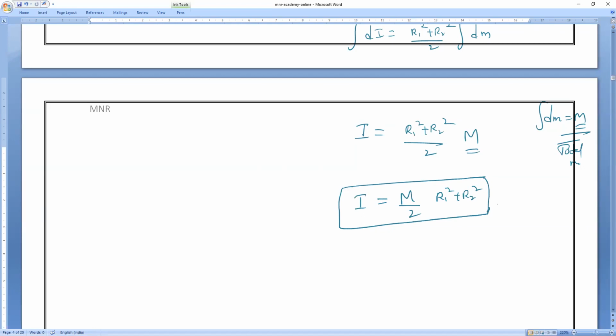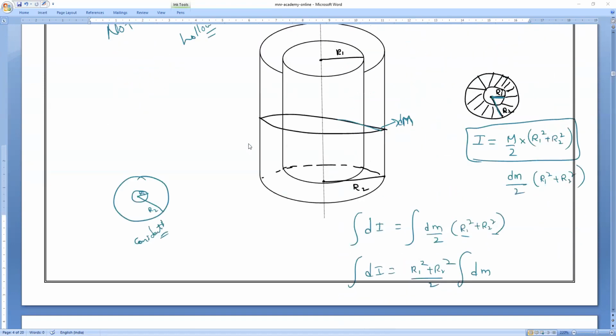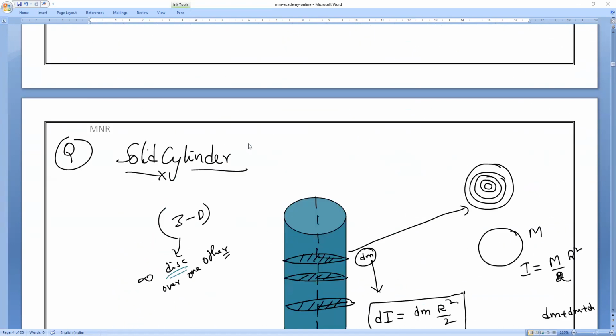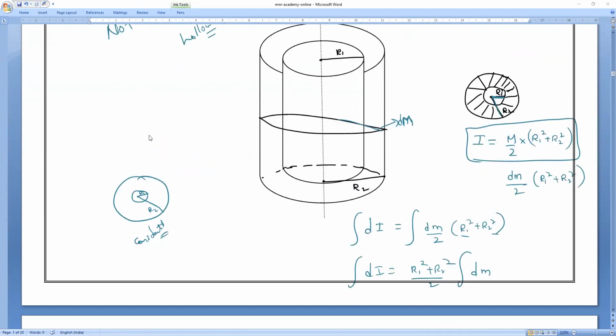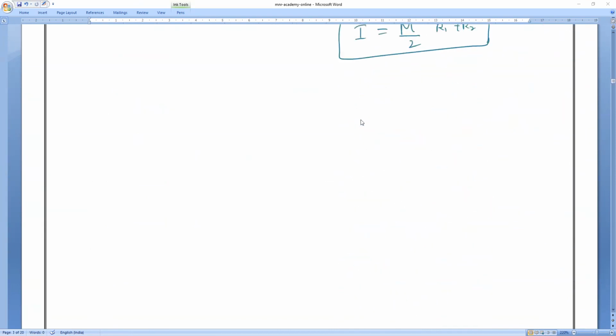Any doubt, anybody can ask me. Are you clear, guys? So this is about hollow cylinders, not solid and not completely hollow. Partially, one cylinder is kept inside another cylinder. So this is how the moment of inertia works.